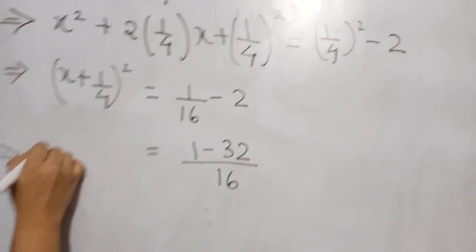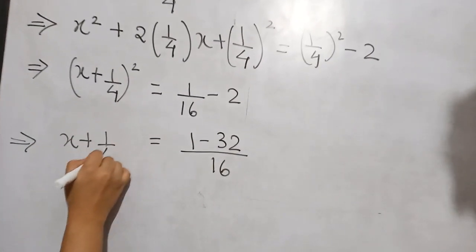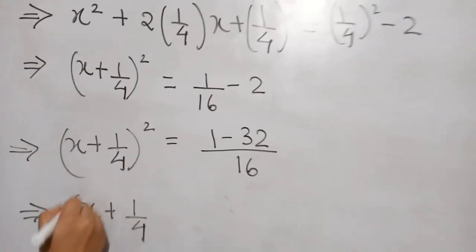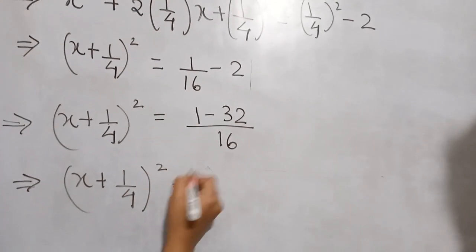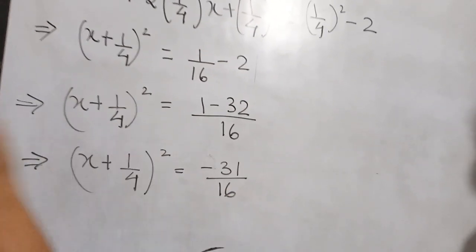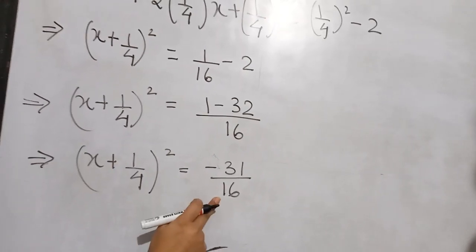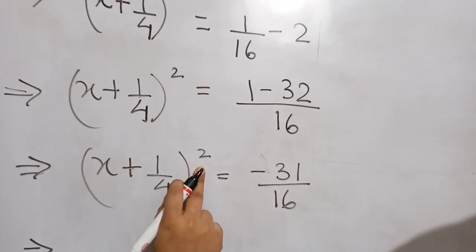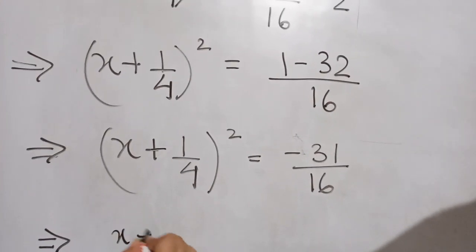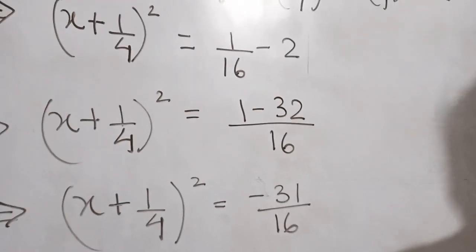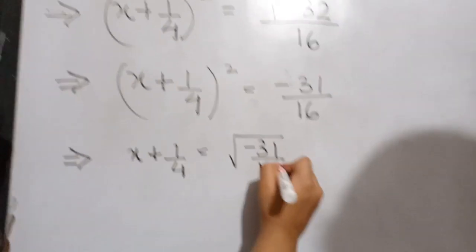Let us write the LHS also, x plus 1 by 4 whole square. So after solving this, we will get it as minus 31 upon 16. Let us transpose the whole square to the RHS. This will be x plus 1 by 4 equals to root of minus 31 upon 16.